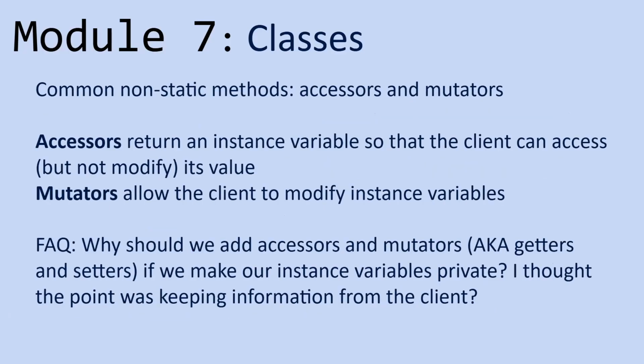So, here are some very common non-static methods. A lot of classes you'll be writing will have at least a few of these. And these are accessors or mutators, also called getters and setters. So an accessor, also called a getter, but you should know the more official name for it too, returns an instance variable so that the client can access and see it, but the client won't be able to modify its value.